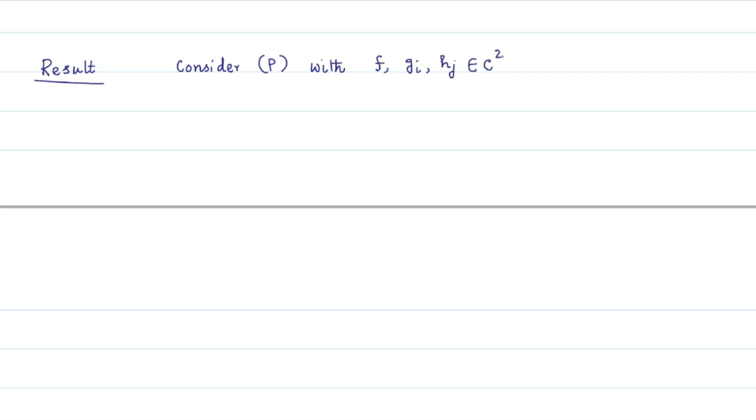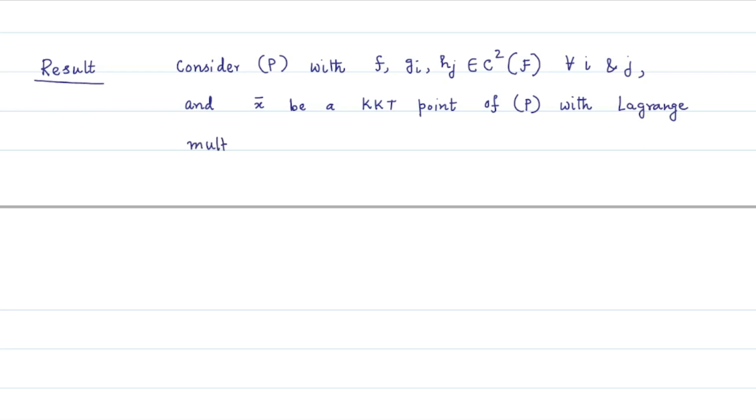They are C2 functions inside the constraint set for all i and j, and suppose x bar is a KKT point of the problem P with the Lagrange multipliers, say lambda i bar greater than or equal to 0 for all the components of lambda bar, i equal to 1 to m, and mu j bar, which are components of mu bar.